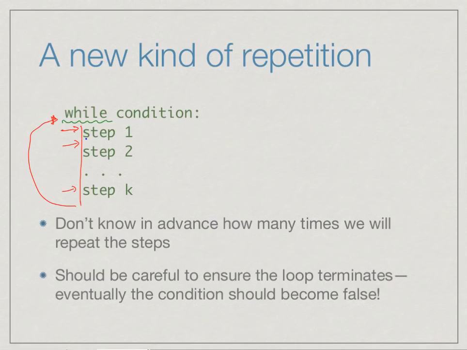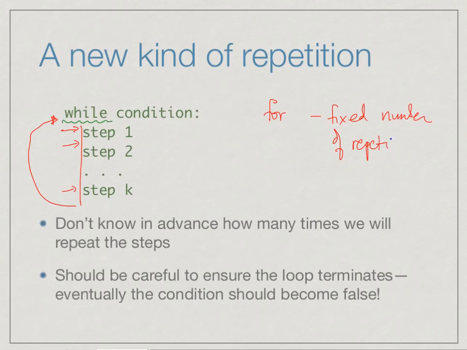So while is useful when we don't know in advance how many times we will repeat the steps. When we were scanning for the list of factors, we knew that we would start with 1 and go up to the minimum of m and n. So we could predict in advance that we would do precisely that many steps, and so we could use this for loop. So a for loop has a fixed number of repetitions.